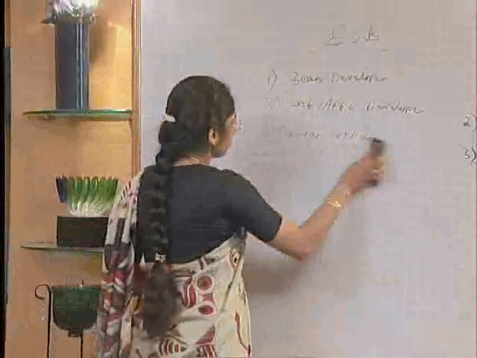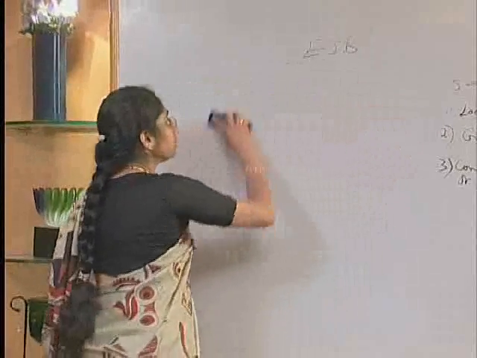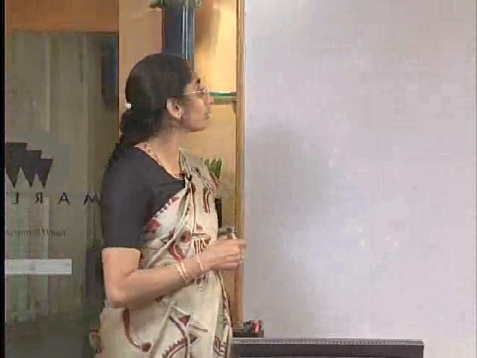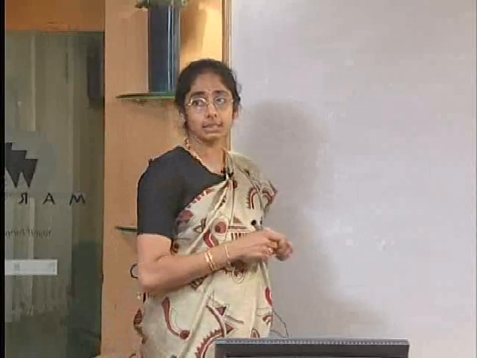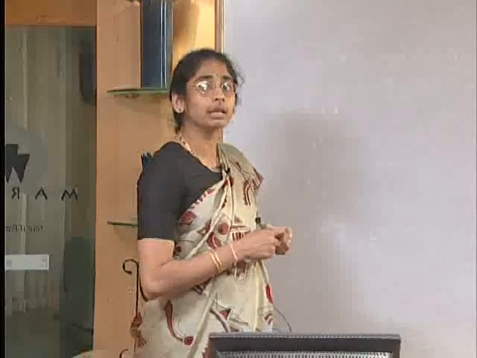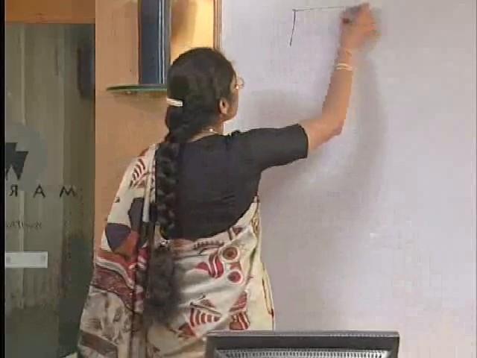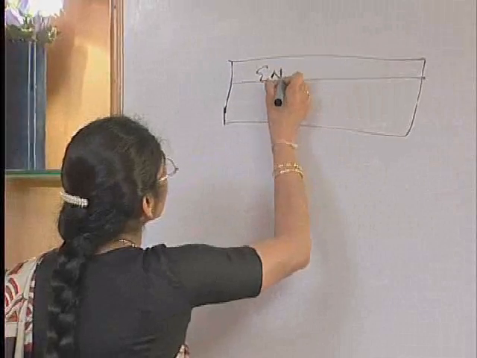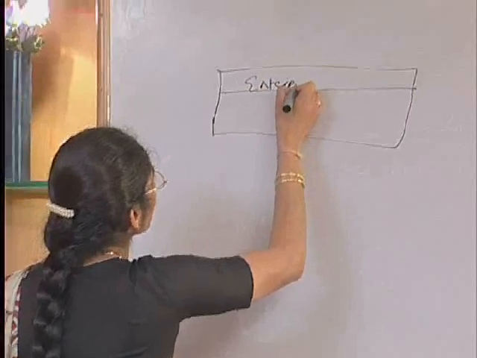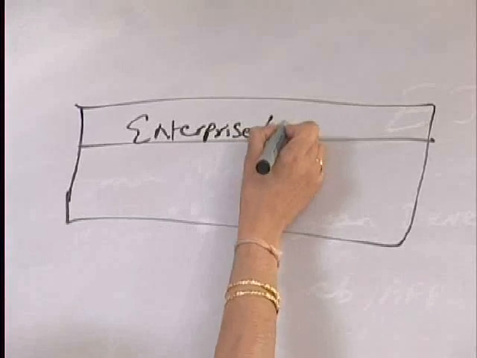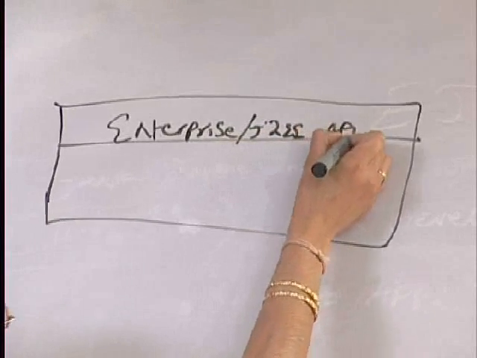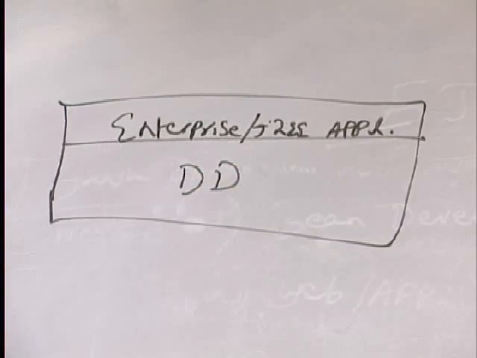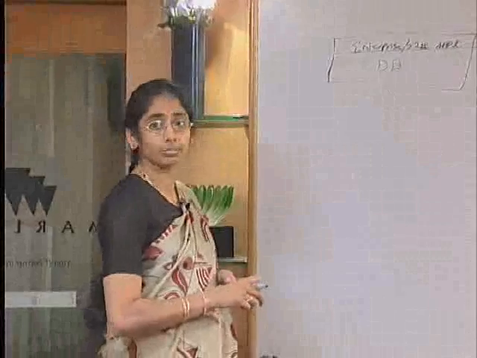In order to write an enterprise Java bean, we have the following files involved in writing an enterprise application. So an enterprise application, or you can call it a J2EE application, will have a deployment descriptor which describes all the components for you.